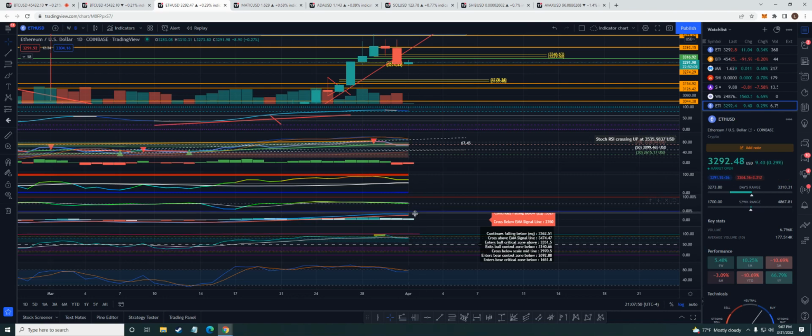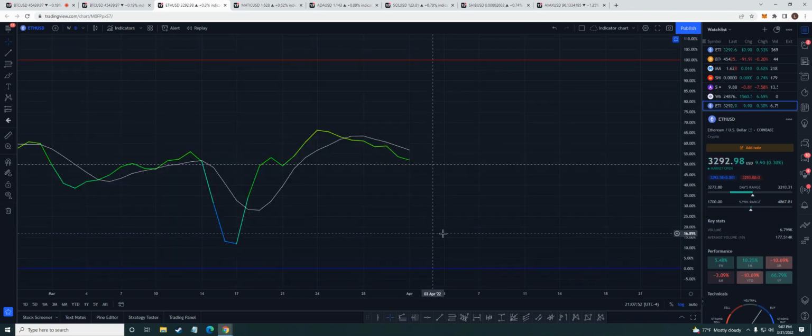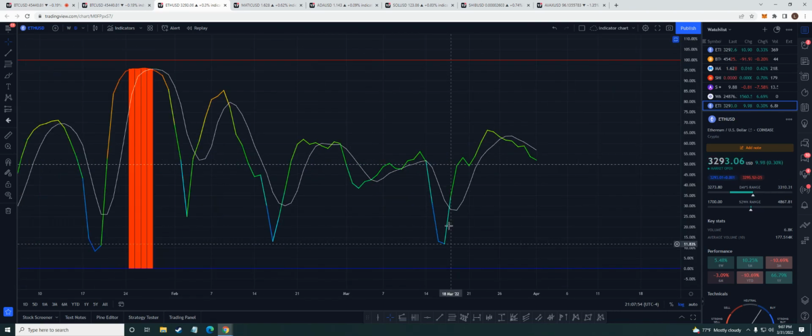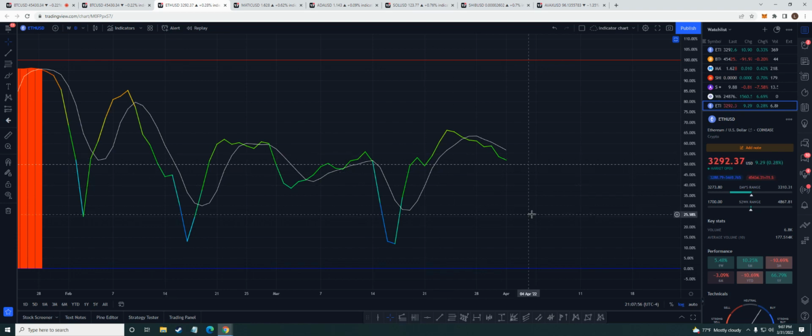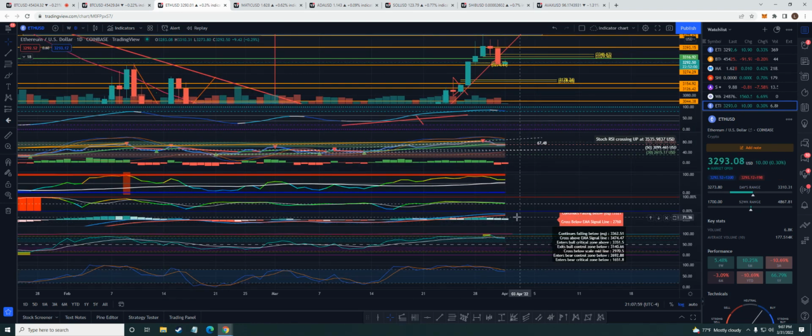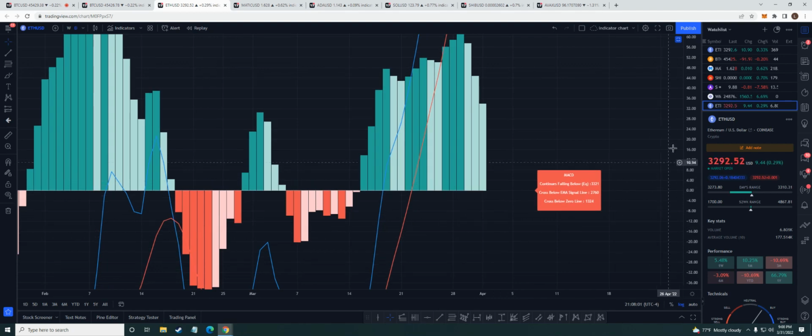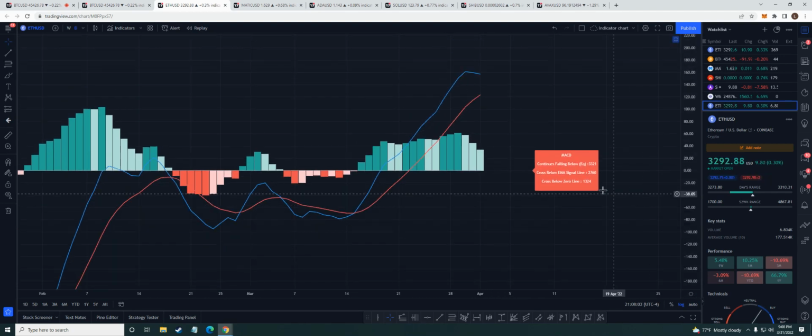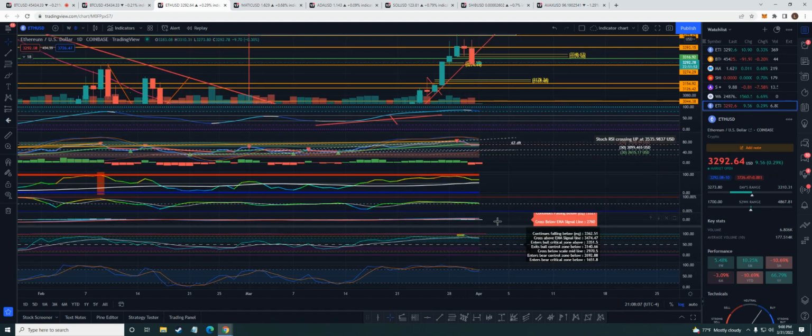Wait, that wasn't momentum. Sorry, wrong indicator. Oh, it's kind of coming down now. We kind of topped out over there, so that's not good. The MACD will continue to fall to the downside on the daily as long as we're under 33.21. So that area, this fib is a nice area of concern.